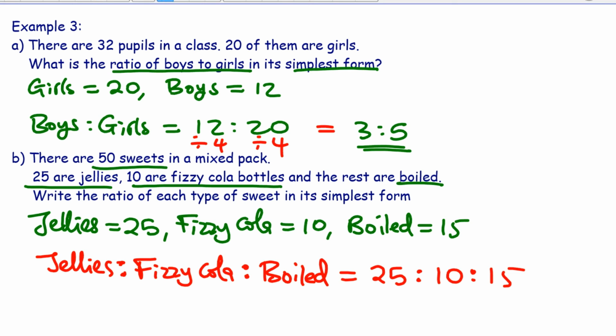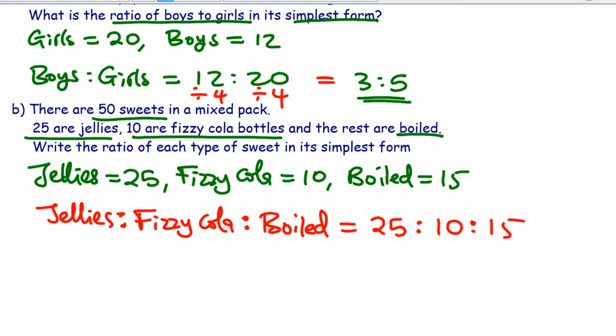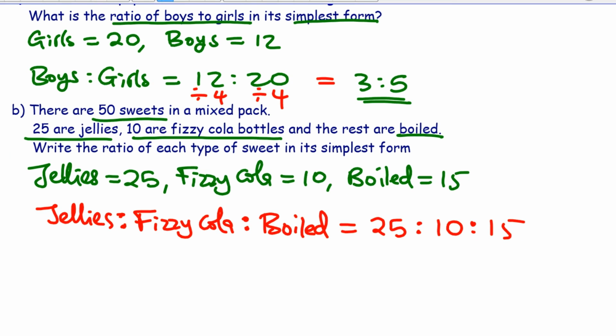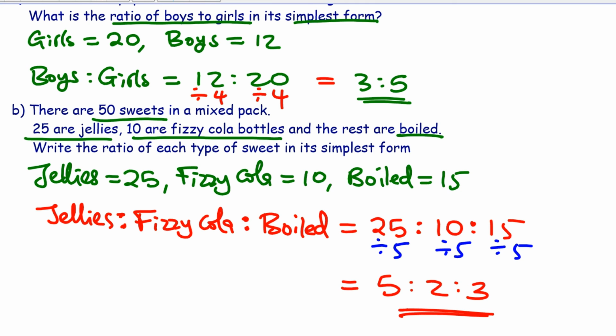What we want to do is to simplify this ratio. So we can go ahead and find the highest common factor, which happens to be 5. So divide each of these by 5, and we'll end up with a simpler ratio, and that will be 5 to 2 to 3. Okay? So that's the ratio of each type of sweet in simplest form.